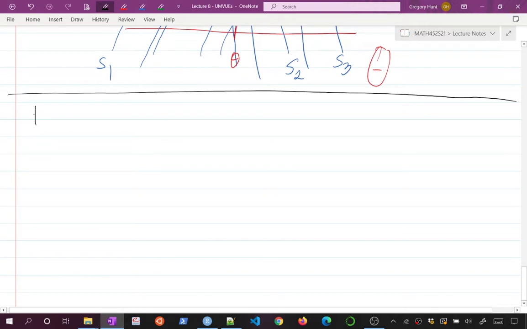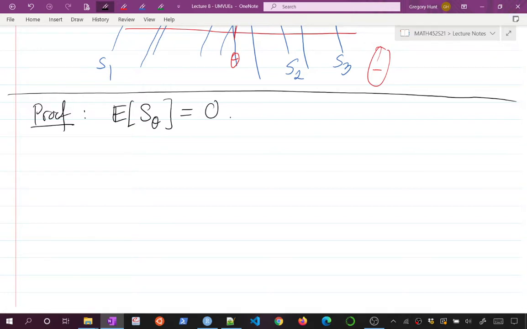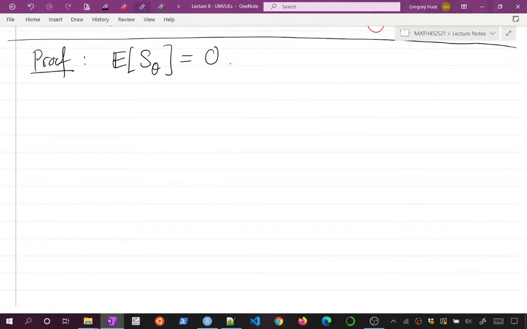Okay, so we can actually do a proof of this fact. The fact is that we want to show that if we look at the score, which depends on theta, on average, or in expectation, this thing is going to be 0. Again, we have to remember that the score is random, so it has an expectation and a variance, which we'll talk about.